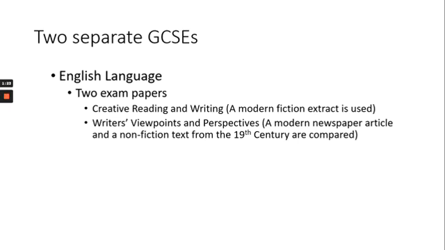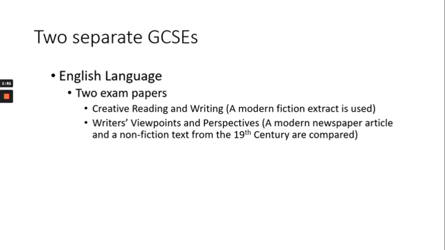The second paper is called Writers' Viewpoints and Perspectives. So you're looking at a modern, generally newspaper article and a non-fiction 19th century text, and you get to compare those 2 things. Now, as the paper is titled Viewpoints and Perspectives, you're trying to understand what the writer thinks and how they communicate what they think.